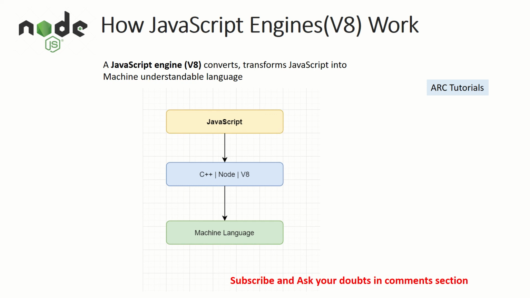So when you attend interviews, they'll ask what Node can do, or how you can do machine level coding using Node. So this is your answer, that we can do it because it uses the V8 engine. There is a wrapper around the V8 engine which is used by Node, and using which we can send the data converted to machine level language.